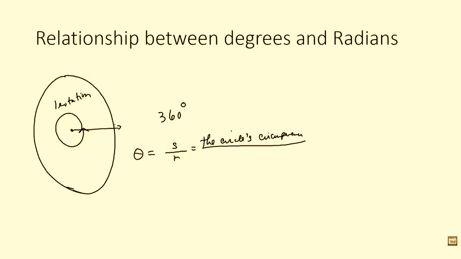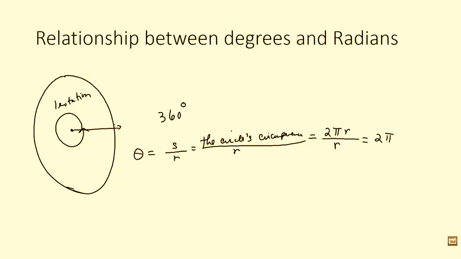So I get S over R, where R is the radius. What is the circumference of a circle? The circumference is 2 pi r, divided by r. We have 2 pi. So the measure of the central angle theta is 2 pi. What can we conclude?